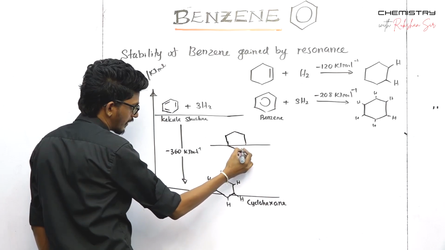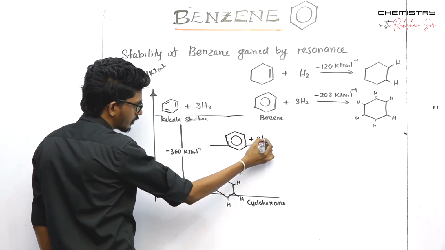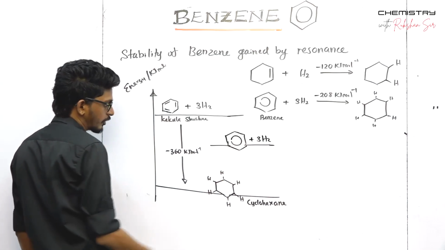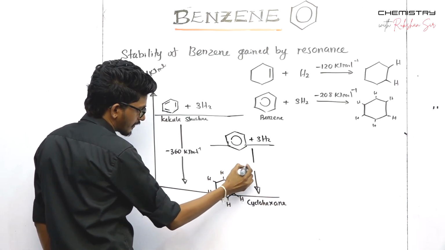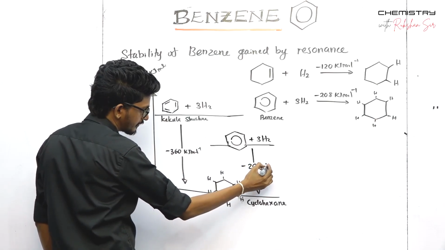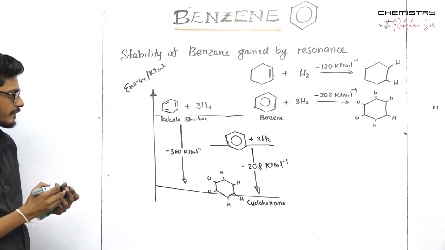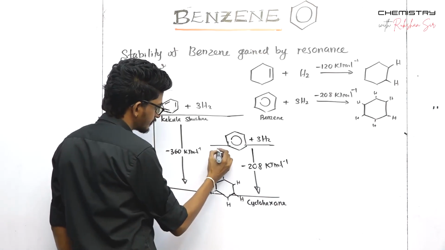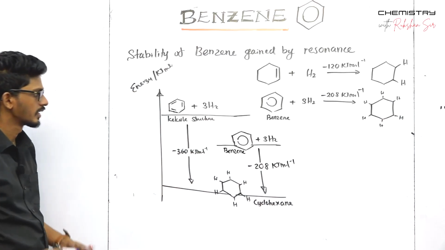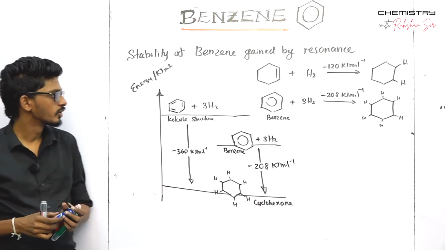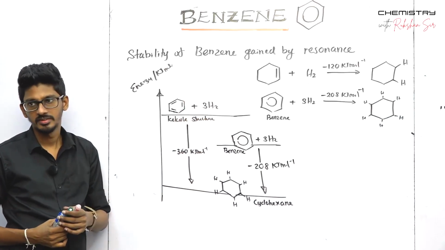So this is about hydrogenating benzene, sorry, to cyclohexane. This needs just minus 208. This is the benzene. With this, you clearly see benzene is more stable than the Kekulé structures.